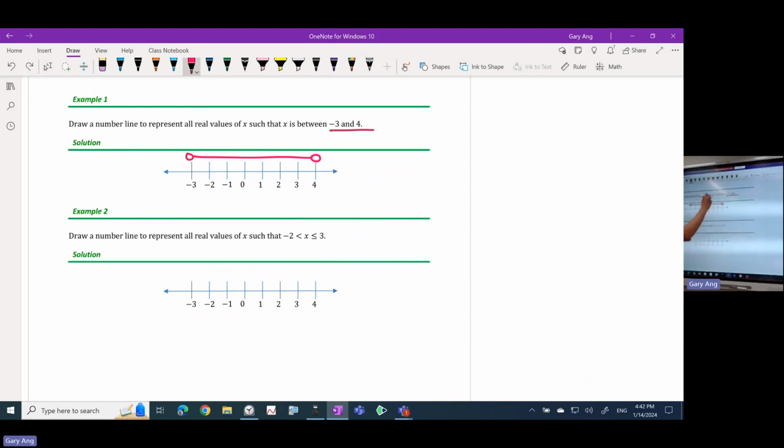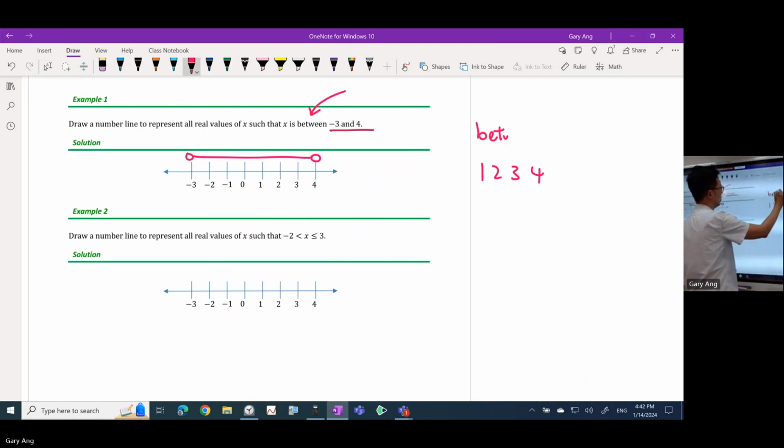The next thing you need to understand is this word called between. 1, 2, 3, 4. If I say the numbers between 1 and 4, what are the numbers between 1 and 4? 2 and 3, pretty obvious, right? But anyway, hold on. This is important.